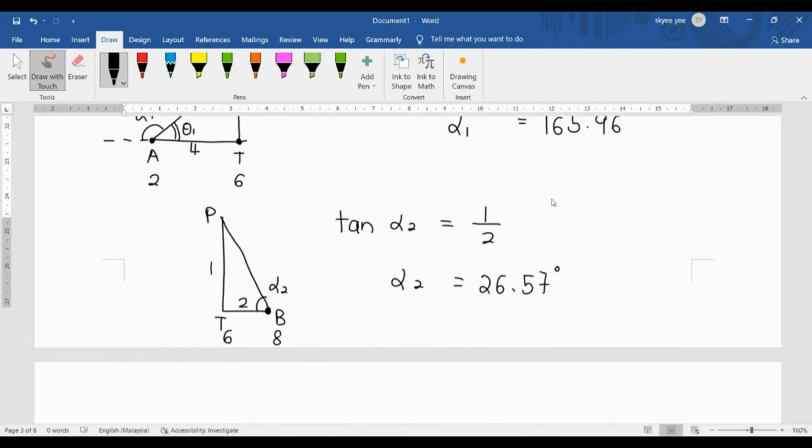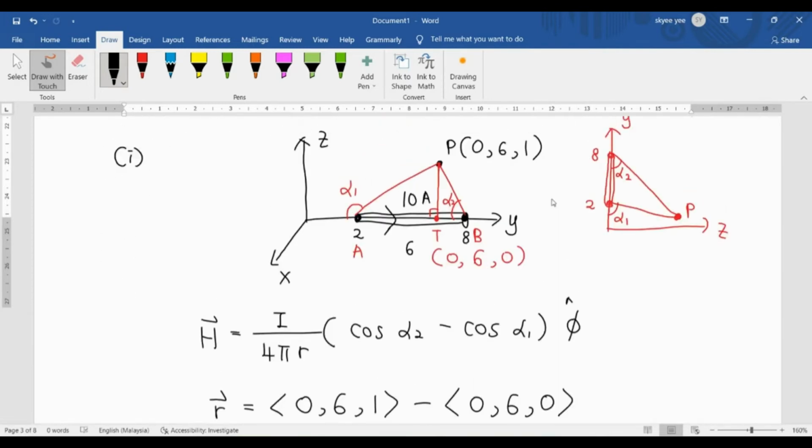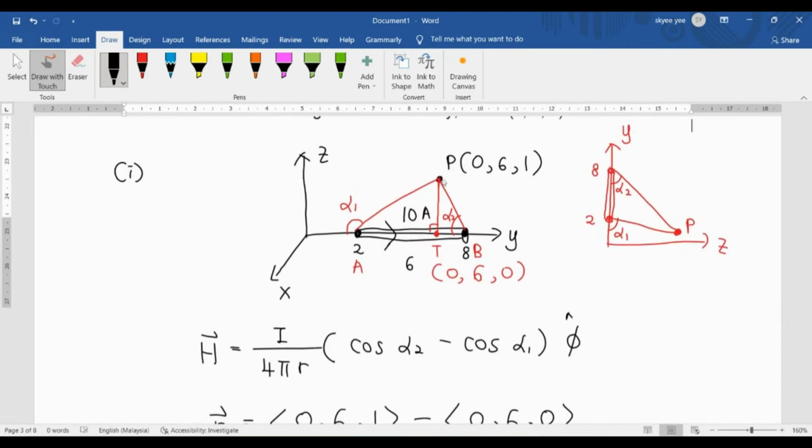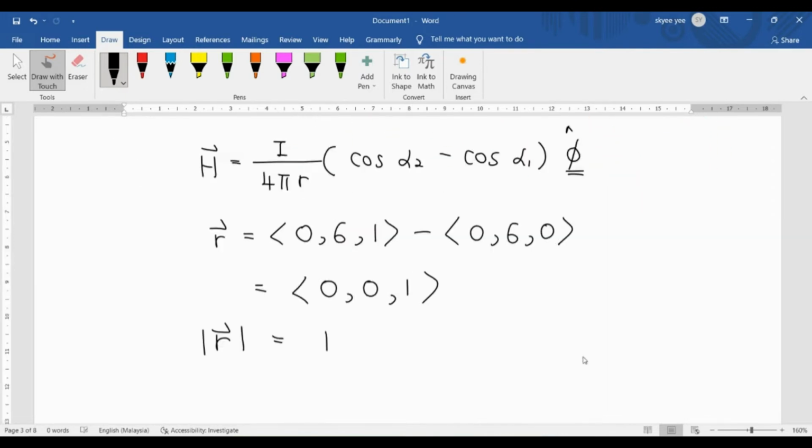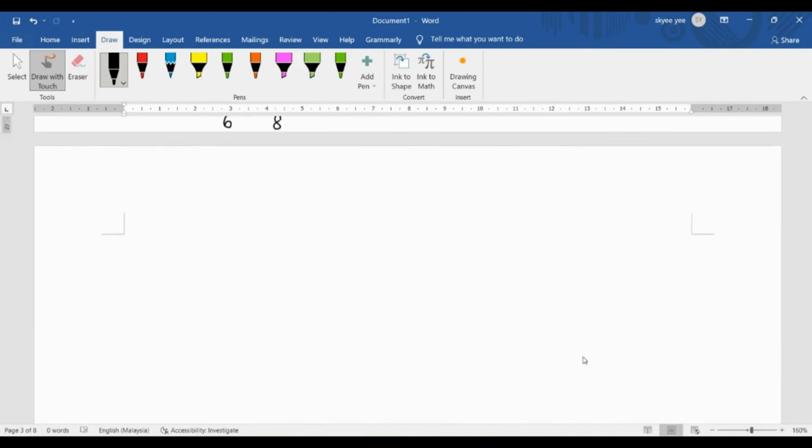So we have found alpha 2, and these two are settled. Now what's left is the direction of the magnetic field.